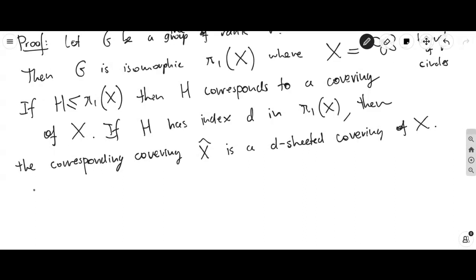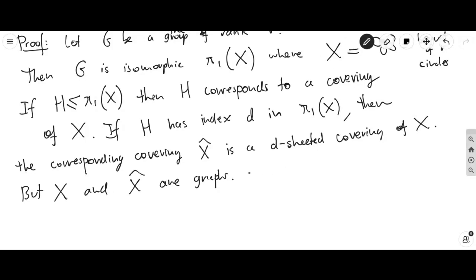Thus, the Euler characteristic. Well, maybe we can even say this, but X and X hat are graphs. So clearly X is a graph because it's a bouquet of circles. X hat is a graph because a covering of a graph is a graph.